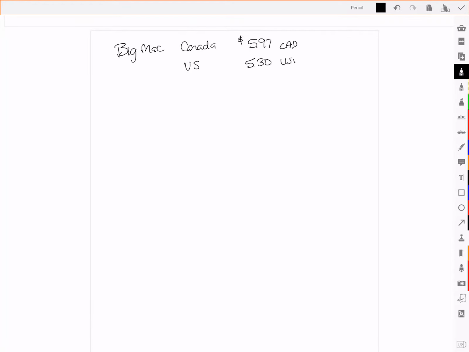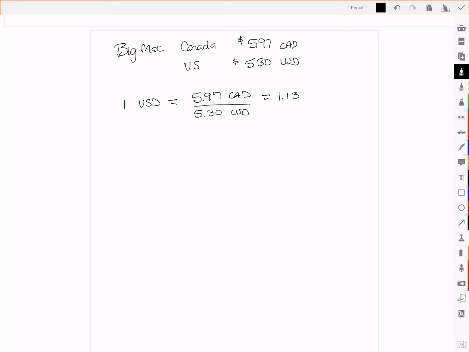So we can figure out what the exchange rate should be. So for example, $1 US should be equal to, and then we take the Canadian money and put it on top, and the US money on the bottom. Okay, so let's take 5.97, that's the Canadian for a Big Mac, and divide by $5.30, and we get 1.126, and so on.